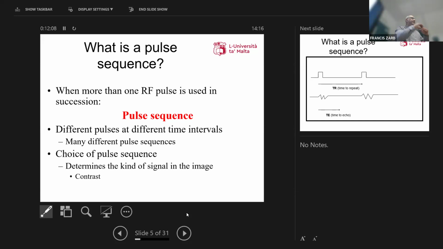Whether it's T1 weighted, where the contrast would be based on the difference in longitudinal relaxation times of the tissues, or based on the difference in the transverse magnetization time of the tissues. So this determines the kind of signal in the image, hence the image contrast. So image contrast is determined by the weighting of these pulse sequences.